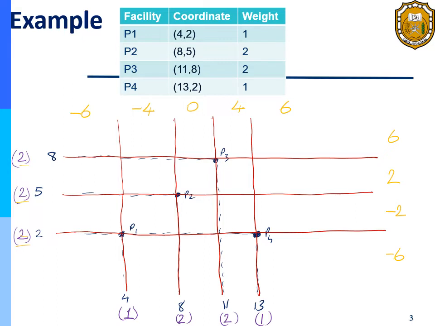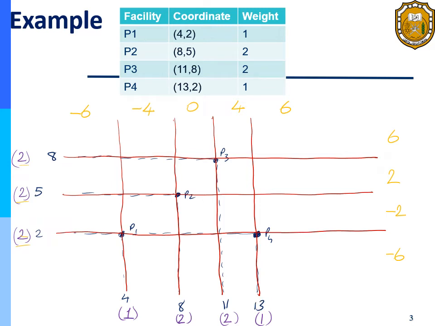The next thing is to calculate the slopes for each grid. Okay, so let's start from this grid over here. Although it is not enclosed, it is still a grid, so we need to consider that one as well. So what is this value?